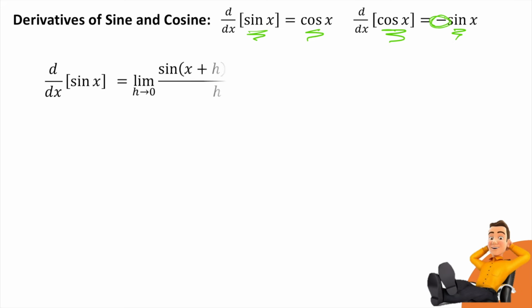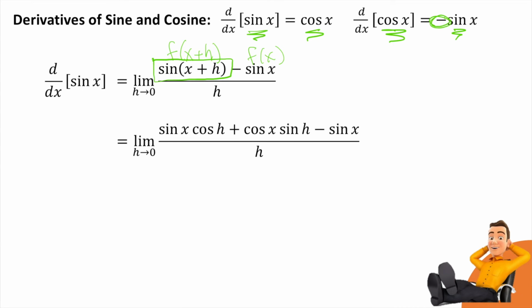Derivative of sine of x. The limit as h approaches 0 of f of x plus h, right, minus f of x all over h. There's no expansion to be done right there, but I can use an angle addition identity on this one. So sine of x plus h, do you remember this from pre-calc?